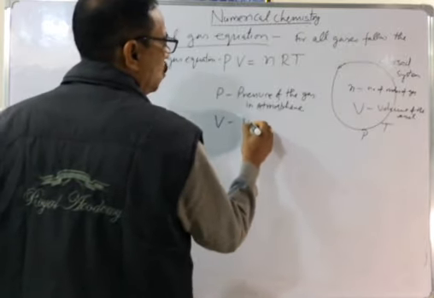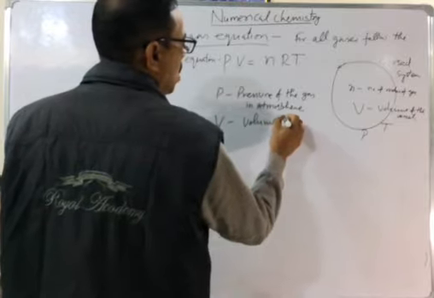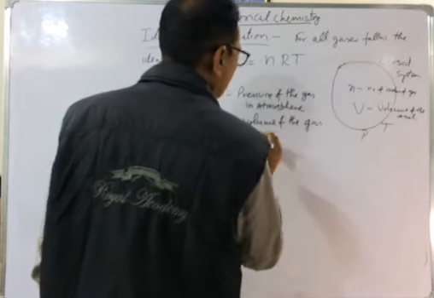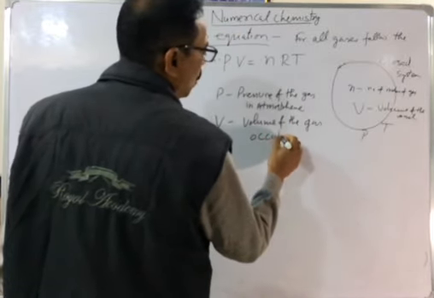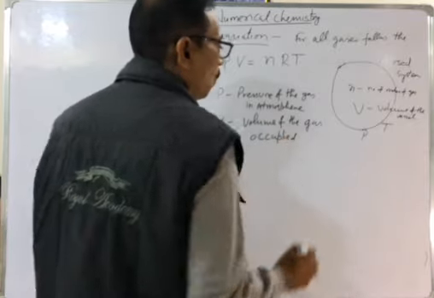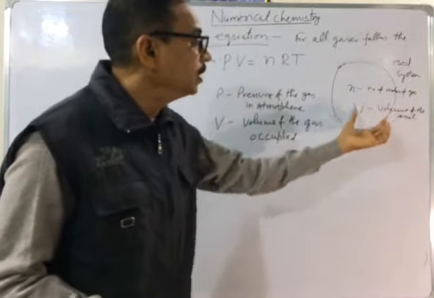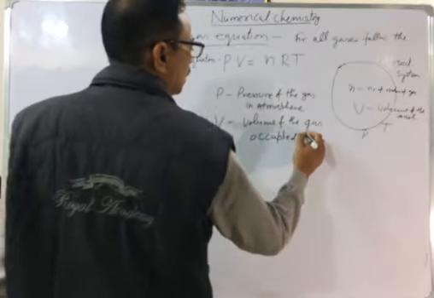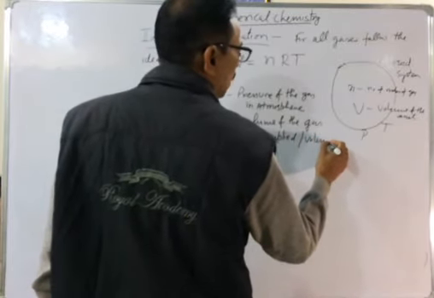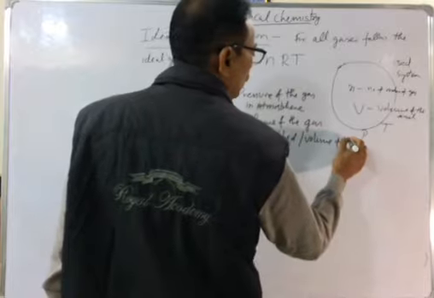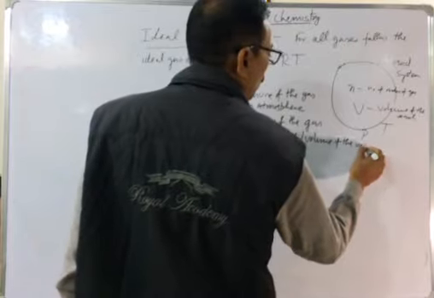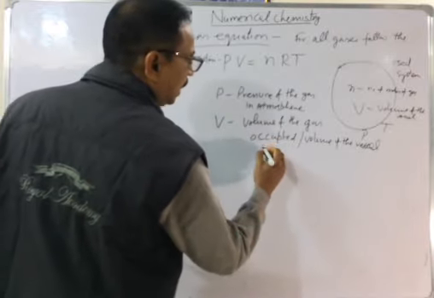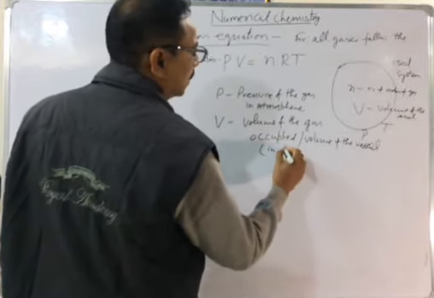V is the volume of the gas occupied, which is the volume of the vessel, taken in liters.